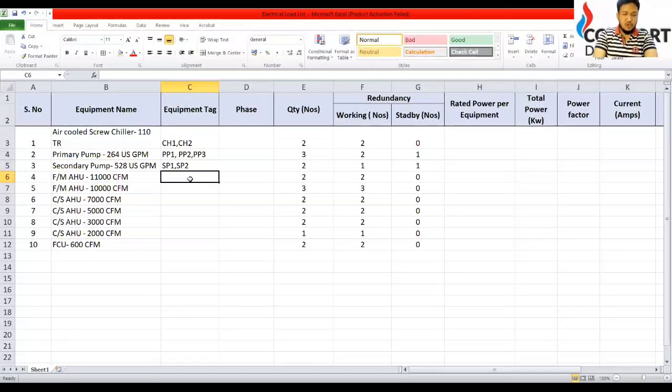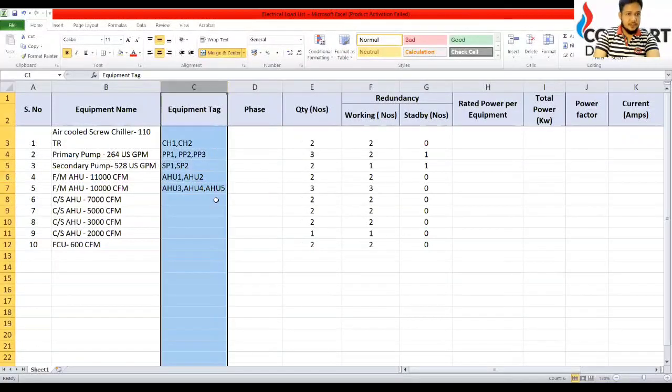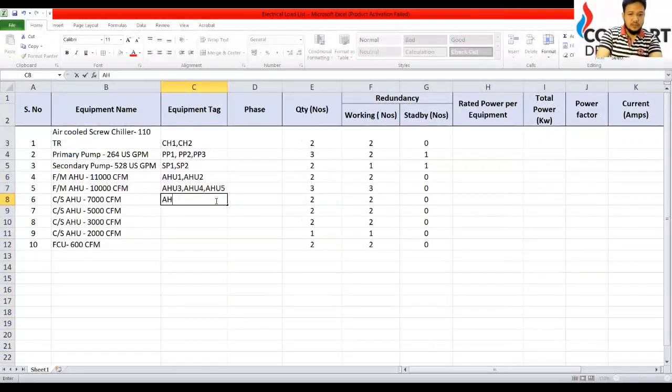Now for these AHUs of 11,000, AHU 1, AHU 2, here we can write AHU 3. So we are just providing the tagging, AHU 4, AHU 5, so that it can be easily recognized.